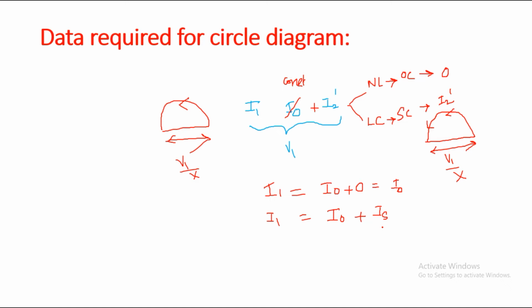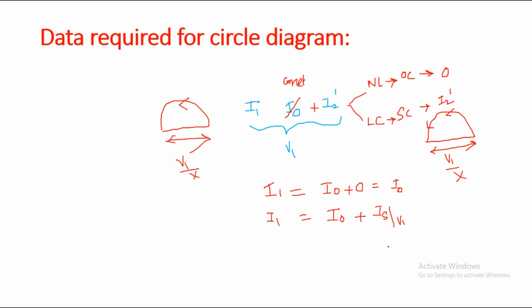It means we just segregated the rotor operation according to the variation on the load. One is for no load condition and another one is for loaded condition. So for loaded condition it is not possible to have a zero current on rotor. So simply we can rename the value of I2 dash as IS, that is short circuit current, and we know this short circuit current is possible only when we have a constant supply voltage.